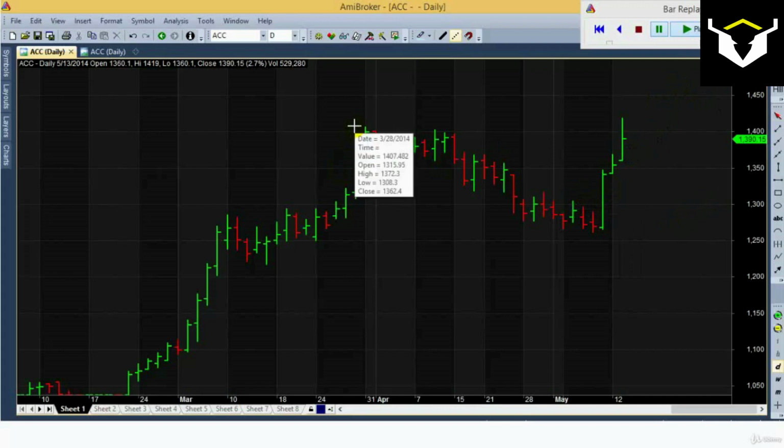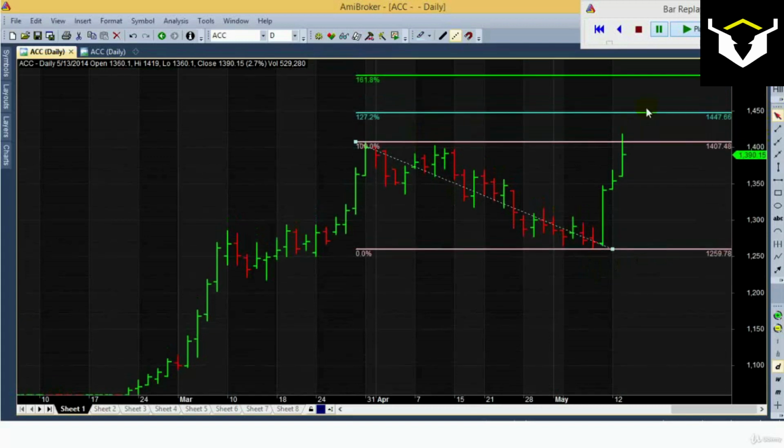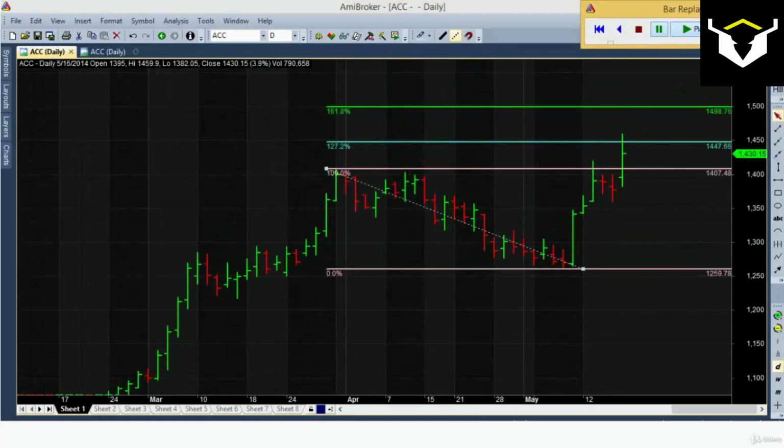So we'll plot our extension levels. You can see 127% at 1447, 161% at 1498. Let's add some bars. There you can see prices have breached 127%.